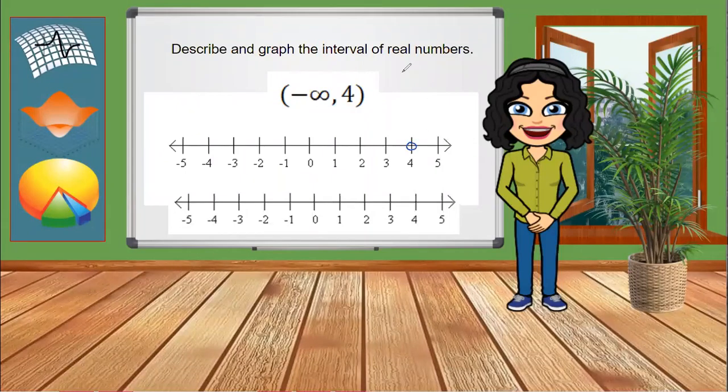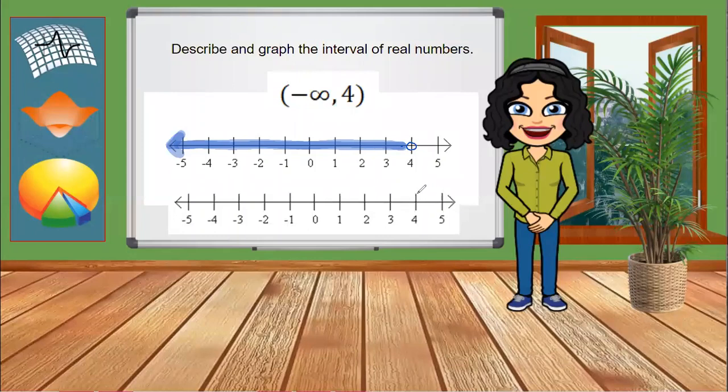And it's going to go left forever. So let's shade to the left. Since it's going left forever, we're going to shade the arrowhead too. So 4 is not included, and it's going to go to the left forever.